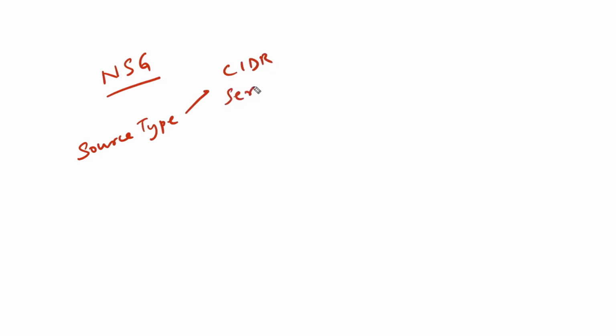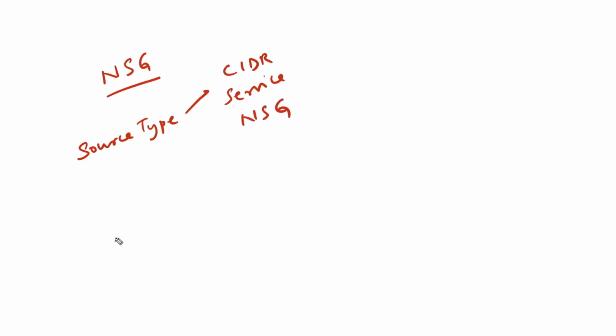There is one important point that I would like to discuss, and that is also one of the differences between network security group and security list. You remember when we discussed network security group, I mentioned that when you are defining an ingress rule, you can have the source type as CIDR, it can be service, and it can be the NSG itself.